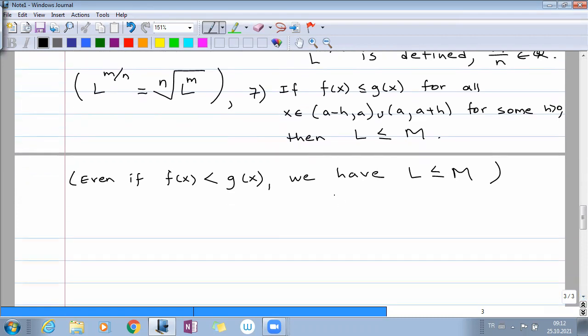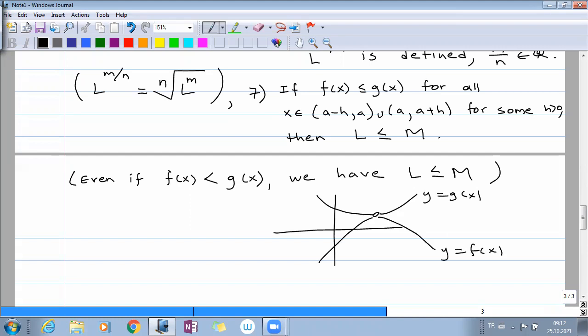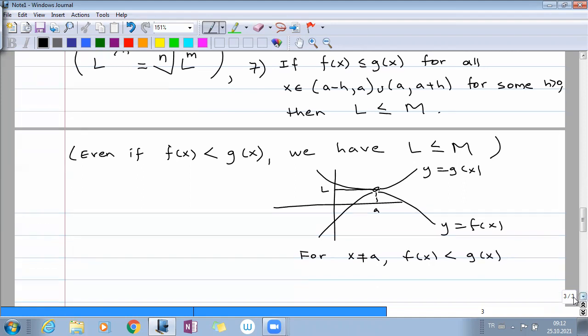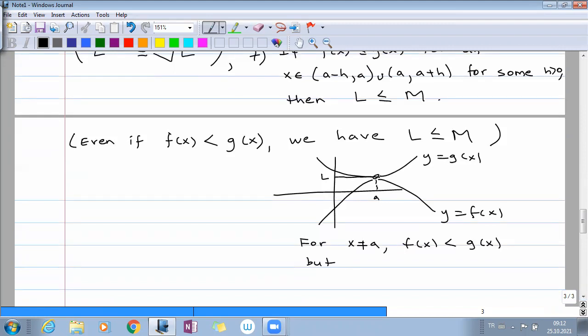For example, you may have this is g, and this is f, this is a, this is L. So in this picture, for x different from a, the function f is strictly less than the function g, but they have the same limit.